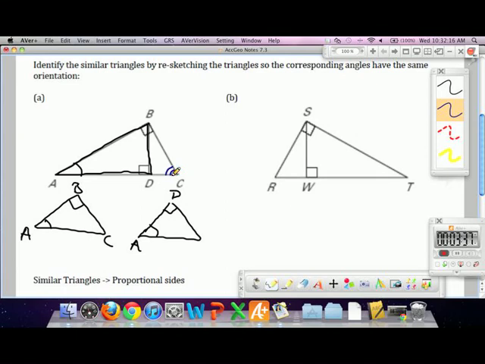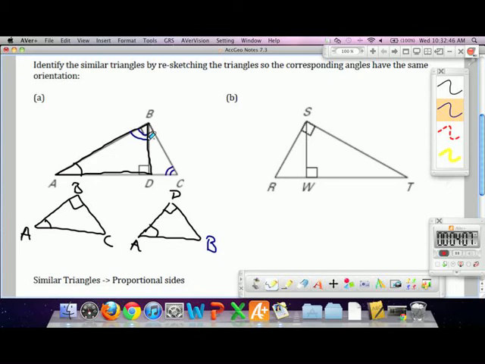What's the only one left over? The only one left over has got to be angle B. So all I've done is take this medium-sized right triangle and rearrange it so that all the angles are in the same spot as my original triangle.